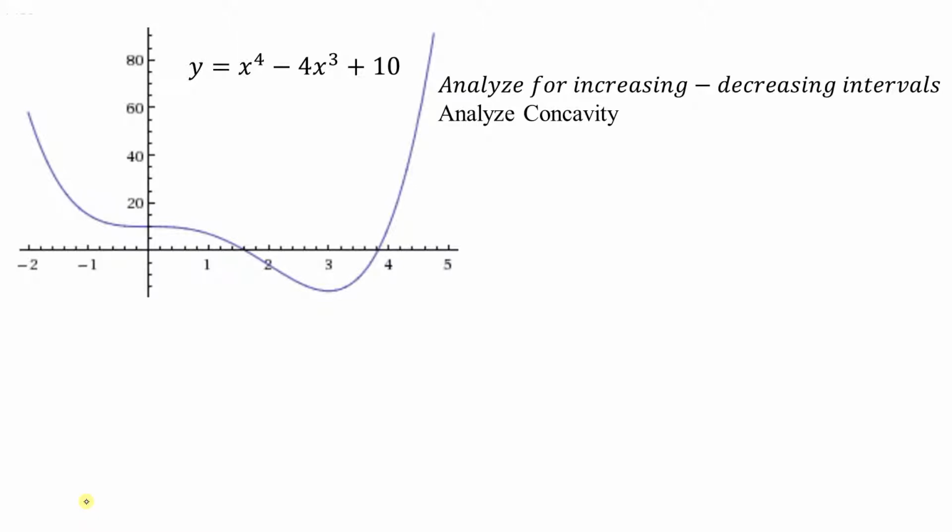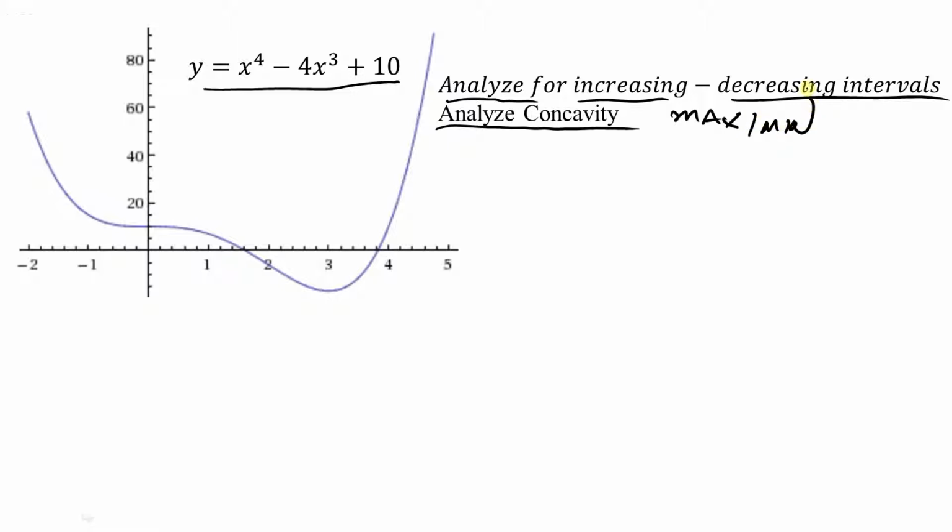So just as our last example, we're going to analyze this function, x to the fourth minus 4x cubed plus 10, for increasing and decreasing intervals and concavity, and look at max and min, if there are any.